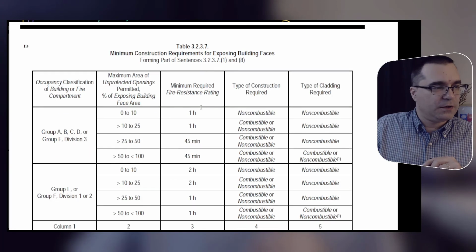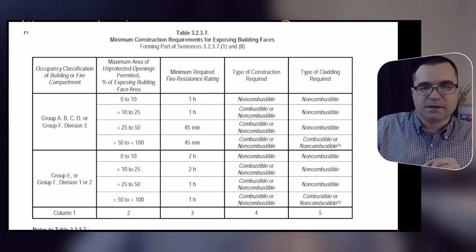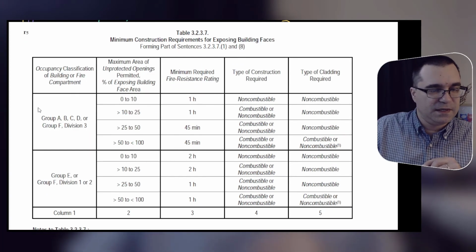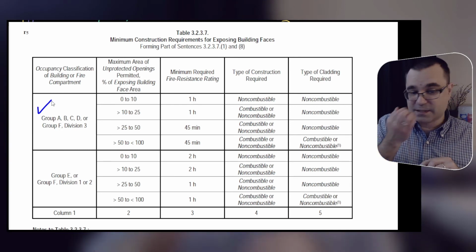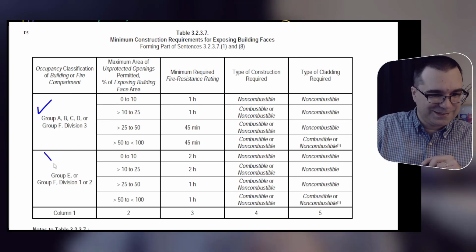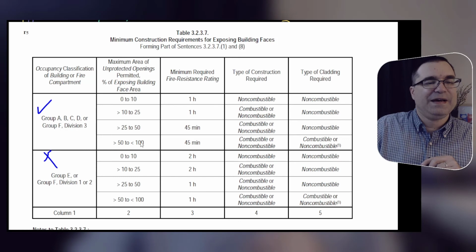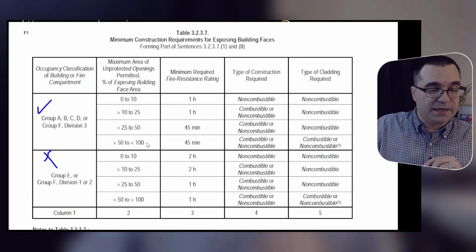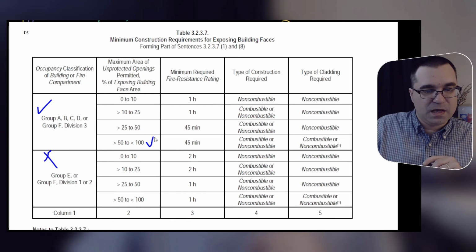So we figured out that this building is an A-type occupancy, so that's the row we have to use, not this one. And we figured out that we get 100%. But look at this. Isn't this interesting? It's telling us this is up to 100%, but not including.